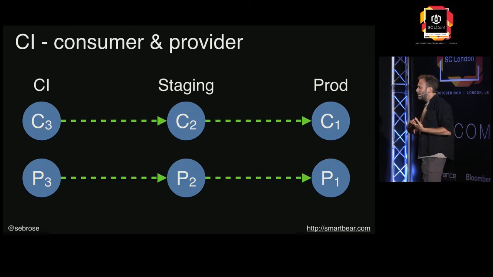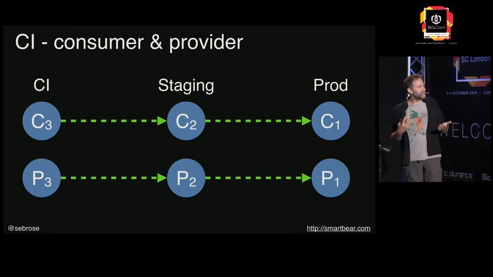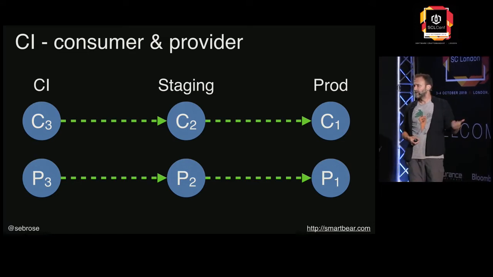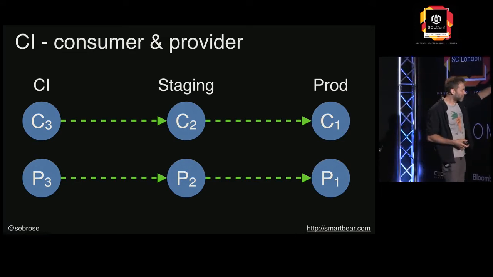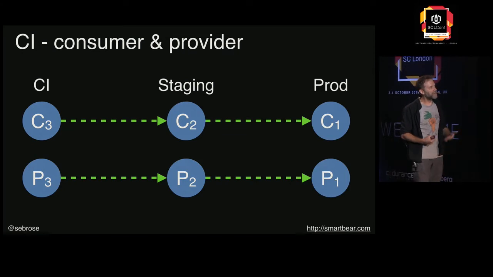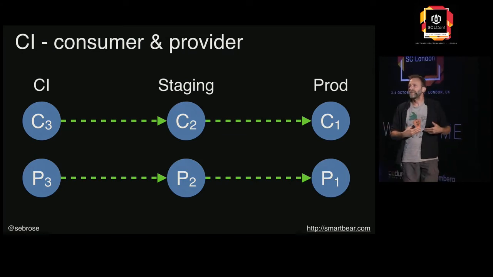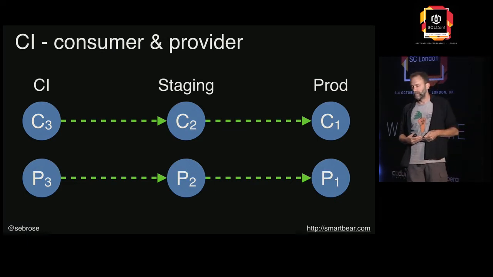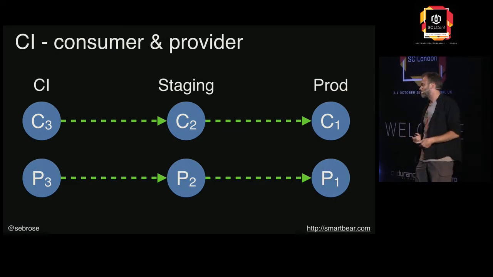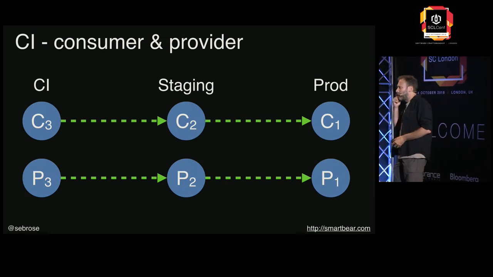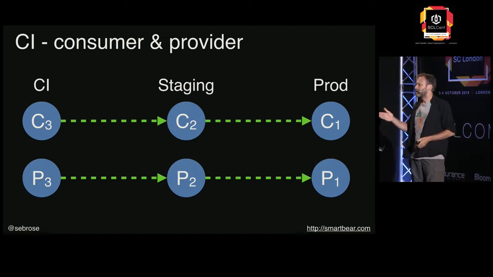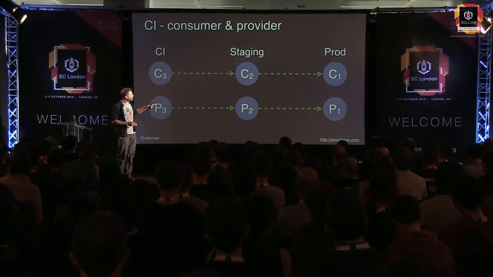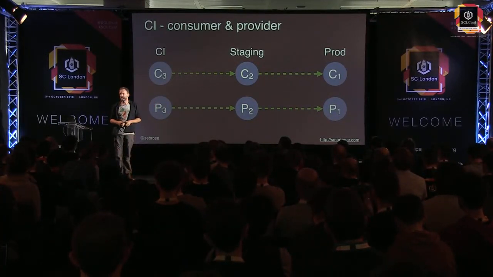And if you've got a consumer and provider, so some of you will notice that the A has changed to C and P. So this is C is short for consumer, P is short for provider, and we've got this idea of the versions or the iterations of these pieces of code moving through the stage of your CI pipeline. But do you want them to move in sync? Do you want to have to promote C2 and P2 into production at the same time?